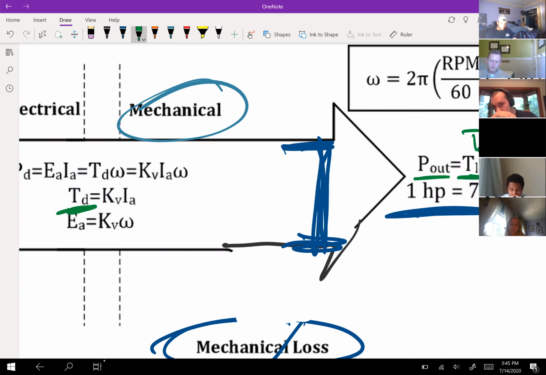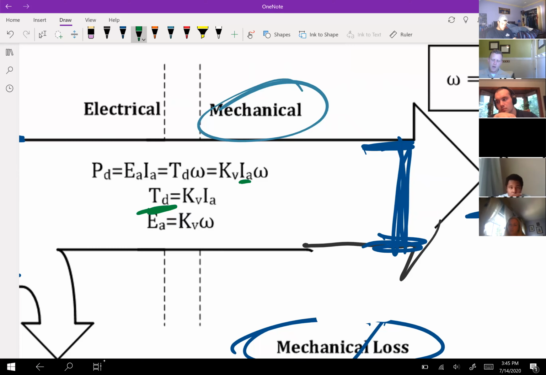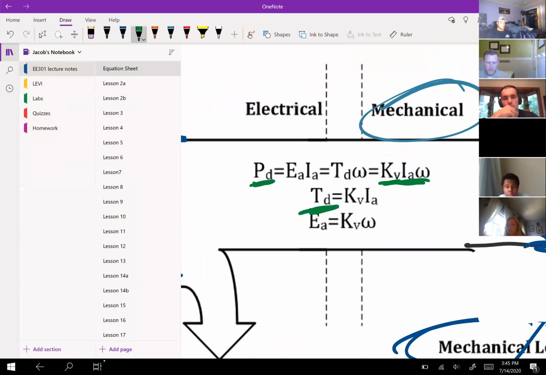I have the power out, so what I need is omega. And how can I get omega? Well, I have my machine constant, and I now know that my power developed is equal to that. So I can solve for omega.